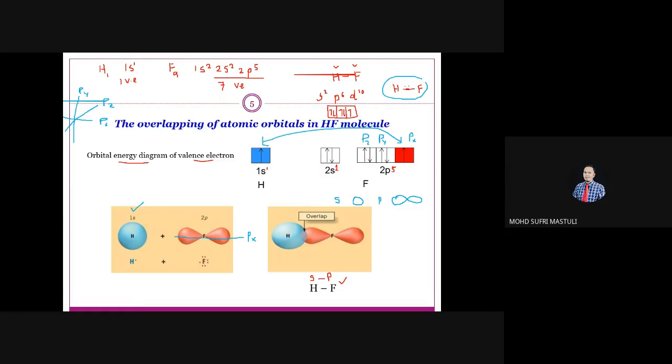So this is s, this is px, in the x position. This is the first single bond.